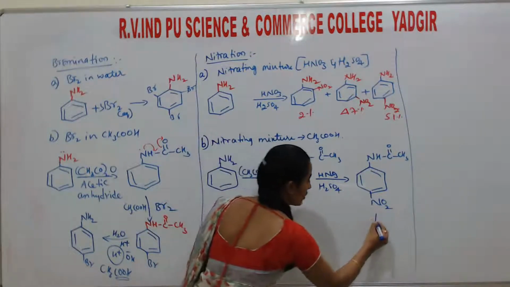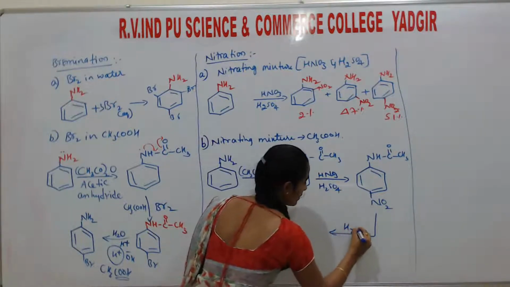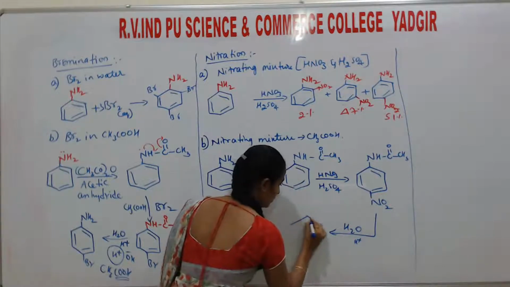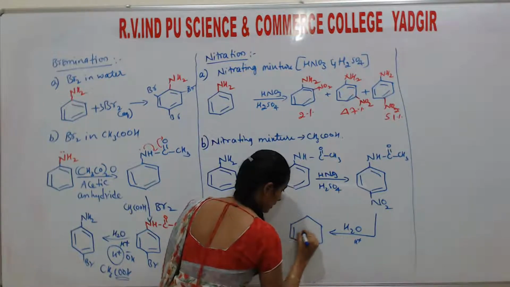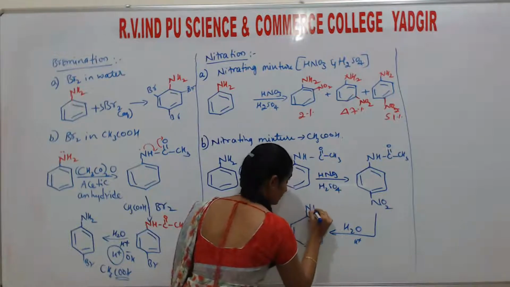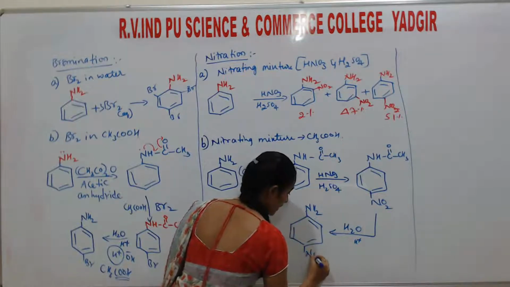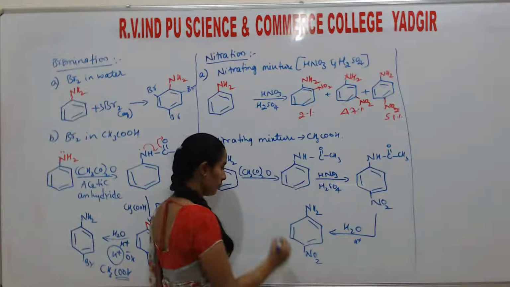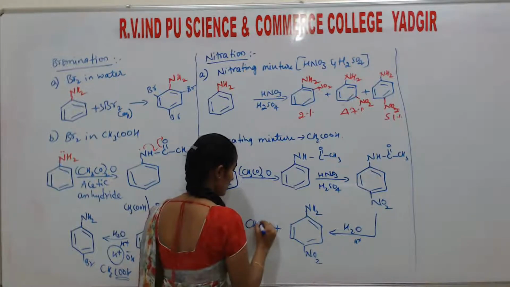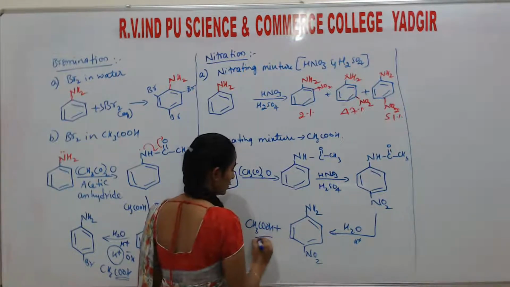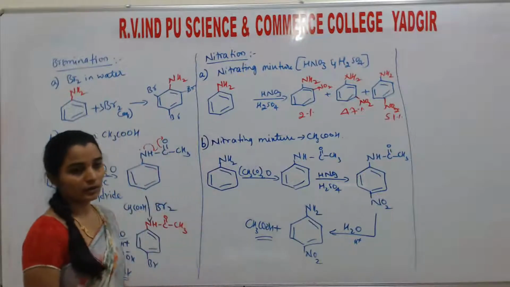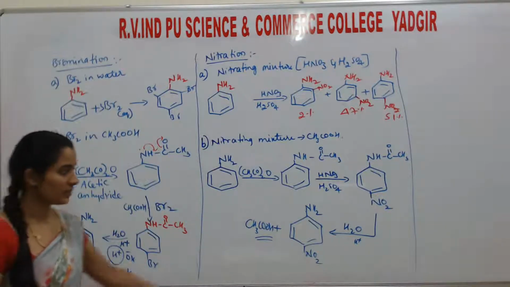Again hydrolysis takes place. When it forms, students, this is the aniline with para substituted nitro group with CH3COOH. You may write this, or if you leave it out, then also no problem. This is the main reaction.